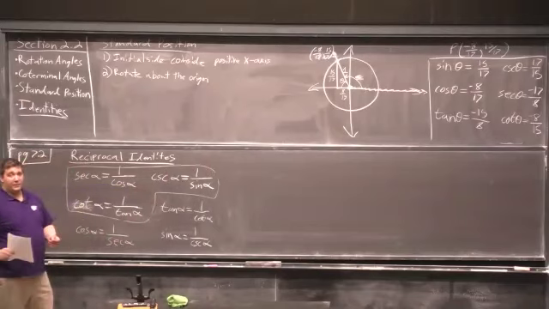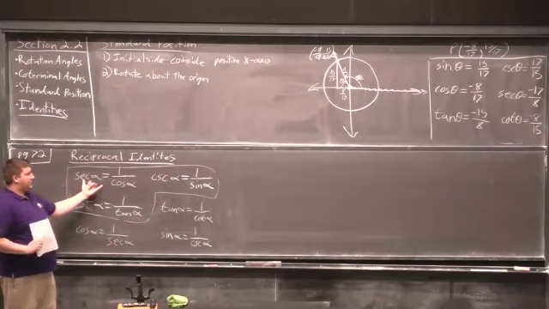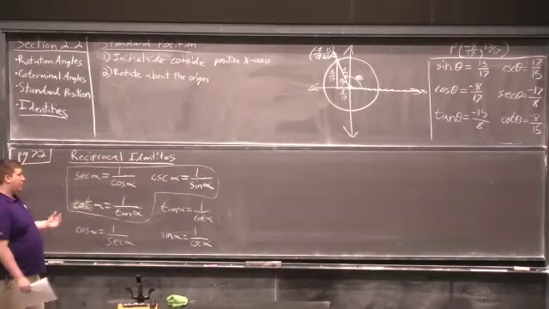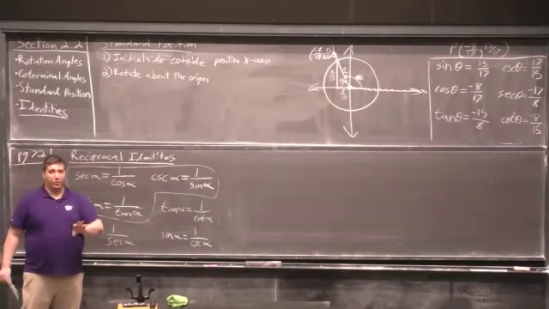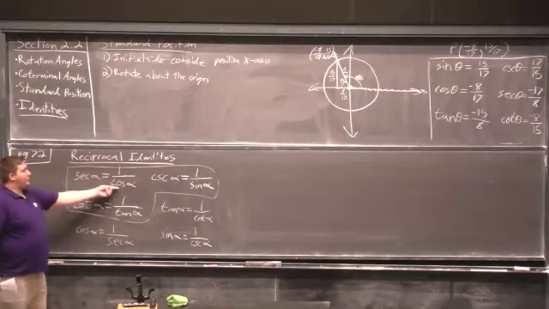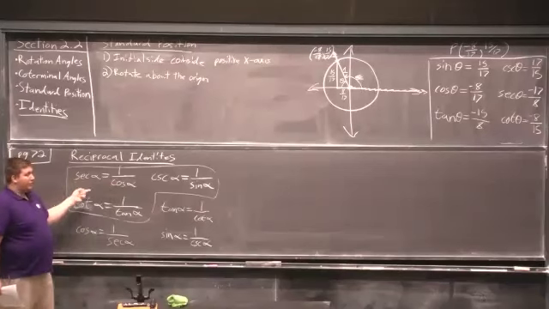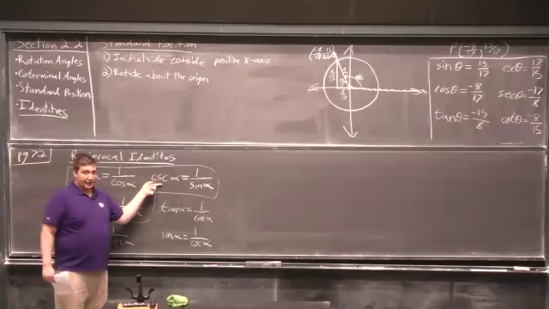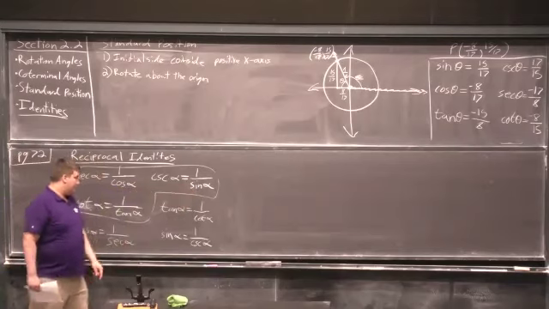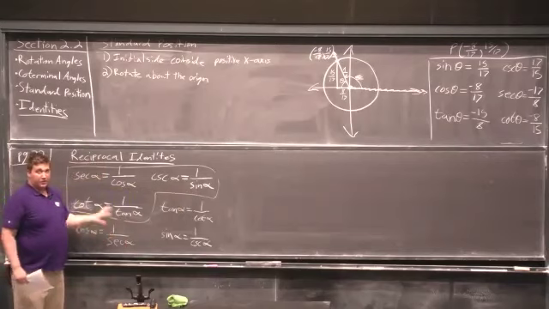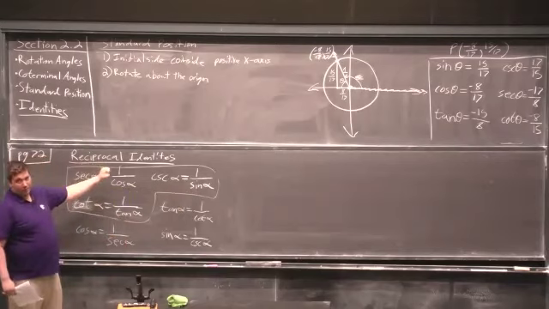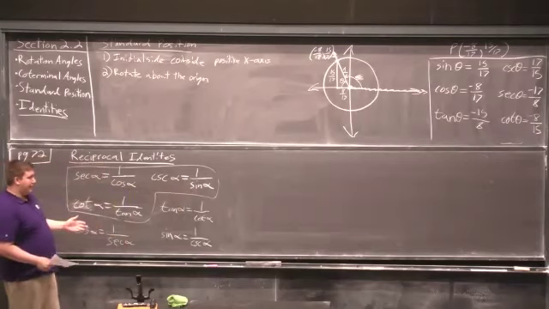Now, you might be wondering, how can I memorize what pairs with what? Well, a trick that I learned is there's one co per pair. So we have cosine and secant. Cosecant, sine. Cotangent, tangent. There's one co per pair of these identities.